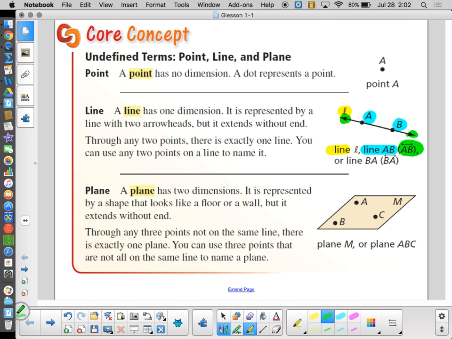The symbol for a line is a line. It has 2 arrows, just like the line does. We could also switch the letters around because order is not important when naming a line. So we could call that line BA, or we could call that line BA this way. So you'll have all these options available to you, but it is important when you're looking at it that you definitely understand that you're naming a line and not a segment or anything else.